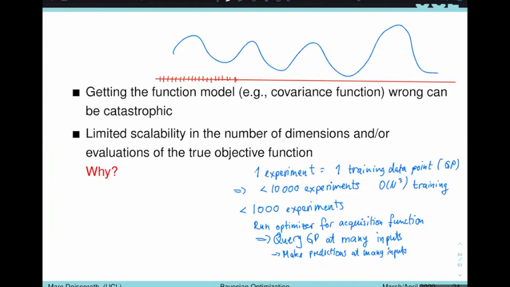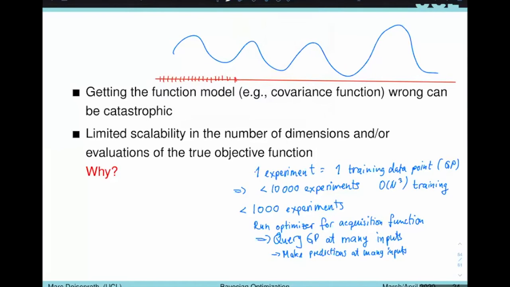So now let's assume we have a one-dimensional case. In 1D, we query this function maybe at 100 locations. In 2D, if you want to keep the resolution, that would be 10,000 locations. And in 3D, that would be 100 to the power of 3, so 10^6 locations. So that means we have to make a lot of predictions with the Gaussian process.